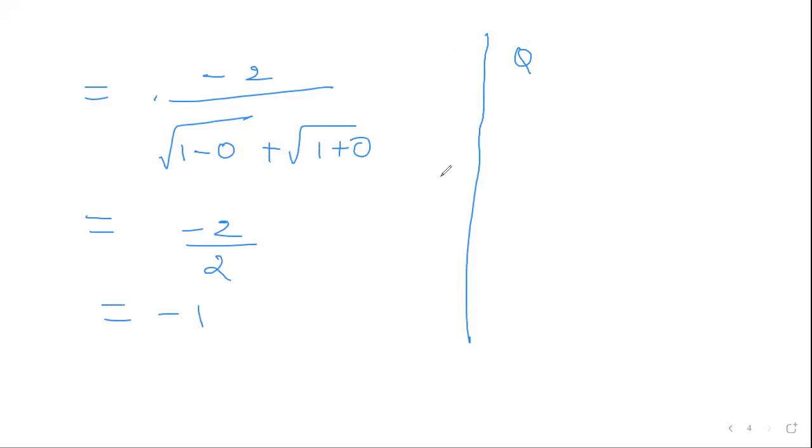So the next question is this. If you all have followed this, try to substitute and solve.